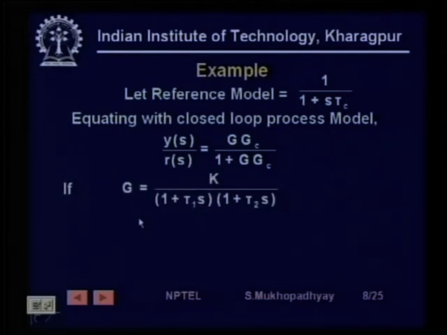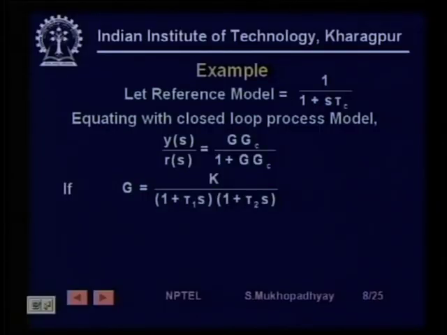I said that the plant model should be known. So I am assuming that the plant is a second order process, over damped. It has two time constants, T1 and T2. Typically they will be larger than Tc. When we control something, generally we want to make its response faster. So Tc is going to be smaller than T1 and T2.